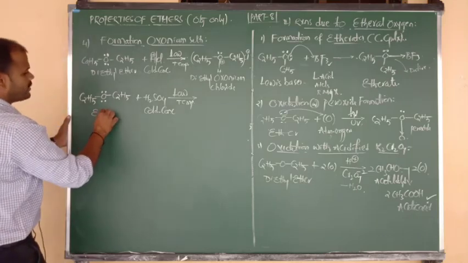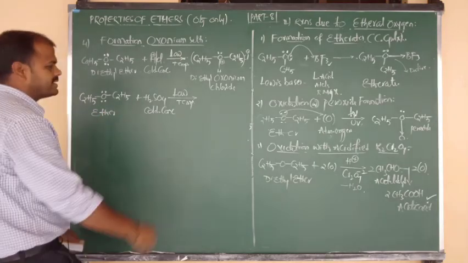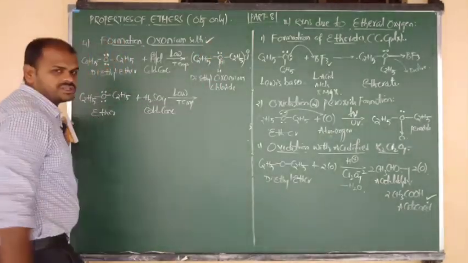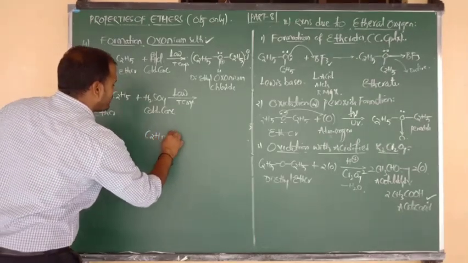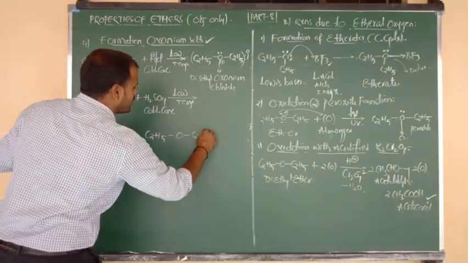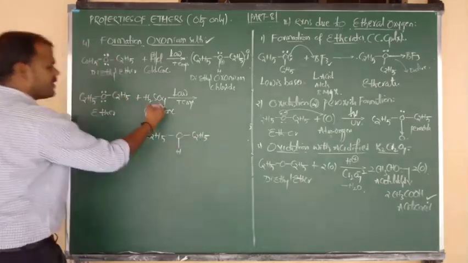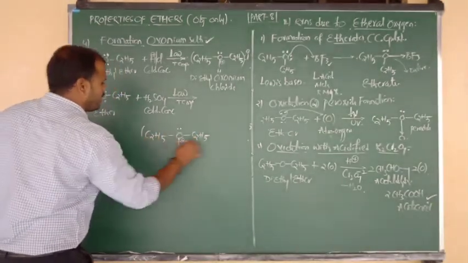So diethyl ether upon reaction with mineral acid, that is nothing but sulfuric acid at very low temperature, leads to the formation of an oxonium salt. The oxonium salt product is C2H5 bonded to O, again O bonded to C2H5. Oxygen donates its lone pair to one of the hydrogens of sulfuric acid and forms the oxonium ion.